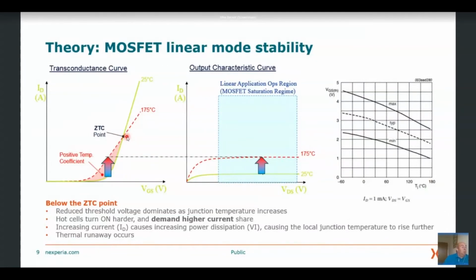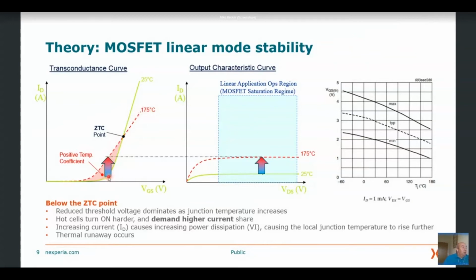So below the ZTC point, imagine that the MOSFET goes into linear mode at room temperature, at 25 degrees. Because of the power that you dissipate inside the device, it starts to heat up. And as it heats up, eventually you get to the 175 degree point.